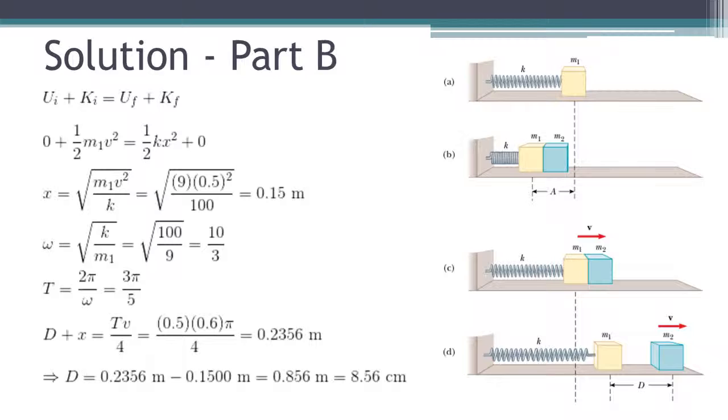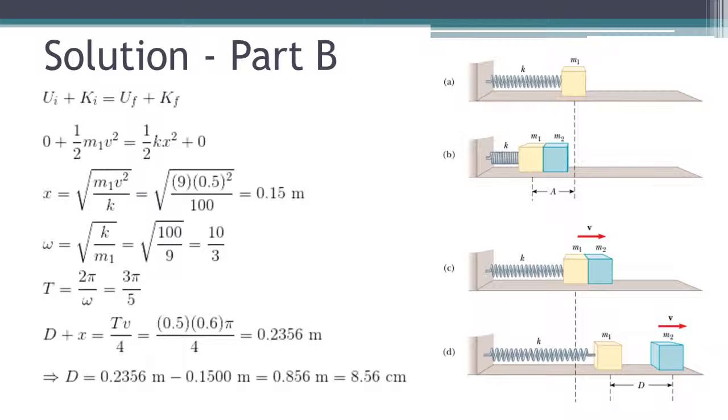So now we just need to find how far right of the equilibrium position of this spring block 2 is. Now, for a spring, we have angular velocity, or omega, equals the square root of k over mass.